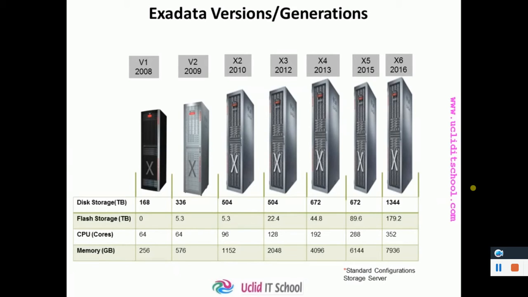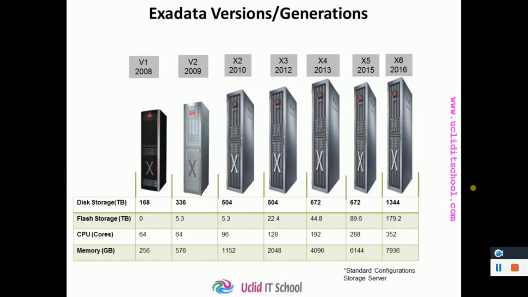X6. The first version is called V1, released in 2008. So exactly 8 years back, first version was released, and now we have 7 versions in the market. Okay, and if you see version 1, version 2, the nomenclature is V1 and V2.